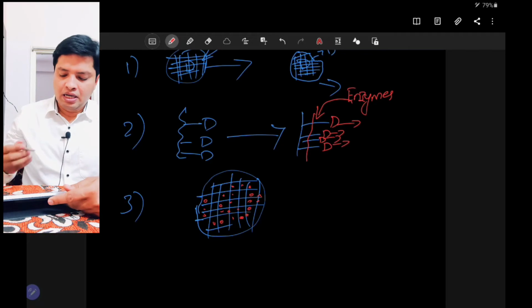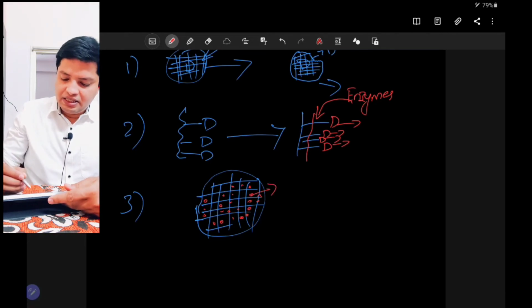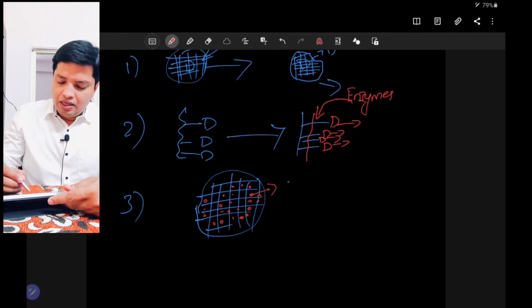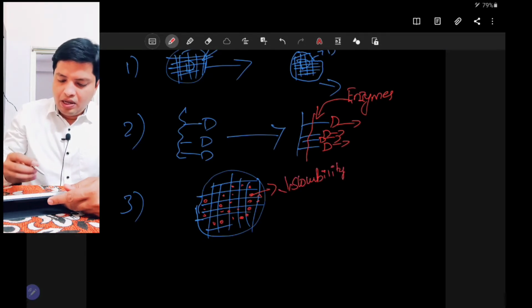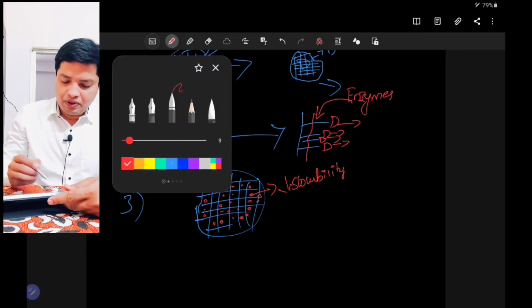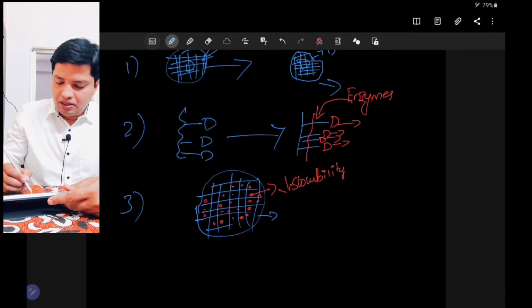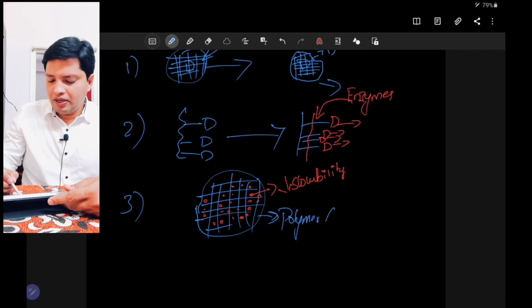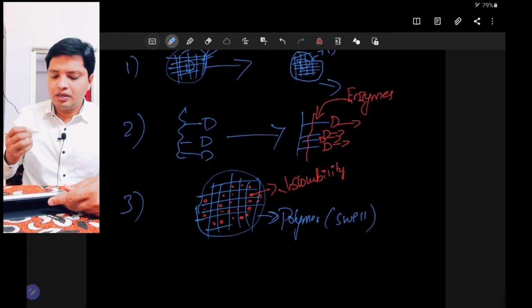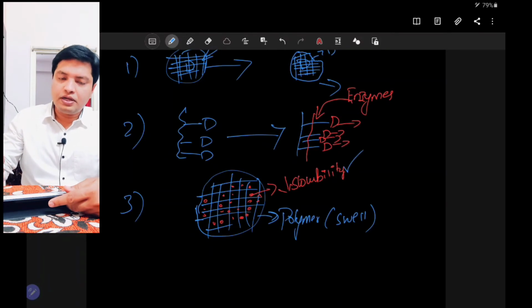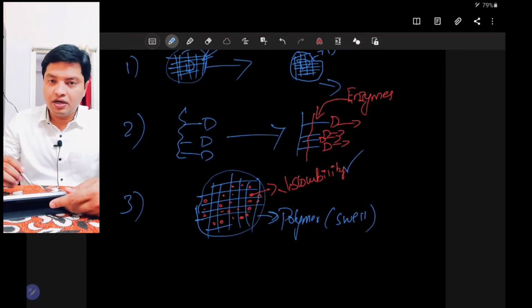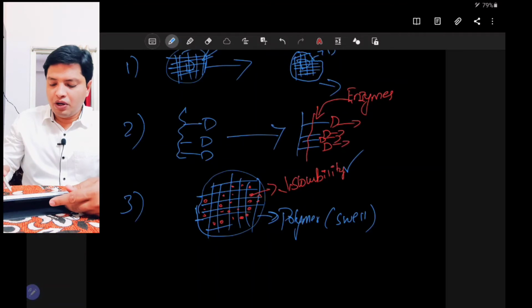The drug present here has less solubility, and we also have a polymer which can swell. Due to less solubility you can achieve dissolution control of the drug. Due to swelling of this polymer you can achieve diffusion.